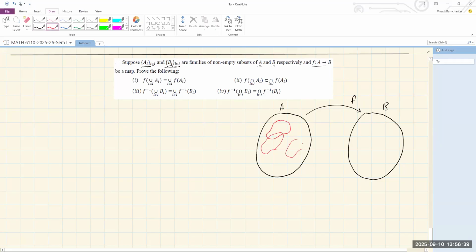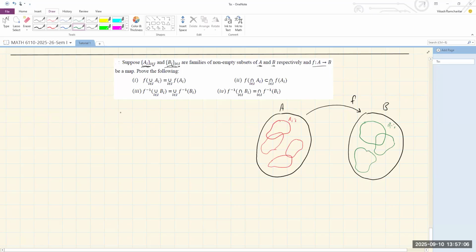Okay, and they may overlap, maybe they don't overlap, maybe they are finite, maybe they are uncountably many, doesn't matter. So these are the A_i's. And the B_i's are subsets of B. Again, they may overlap, they may not overlap, doesn't matter. These are the B_i's.